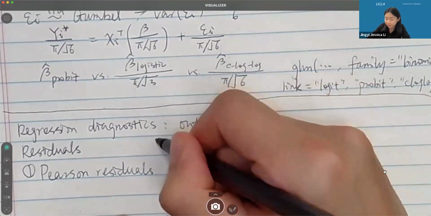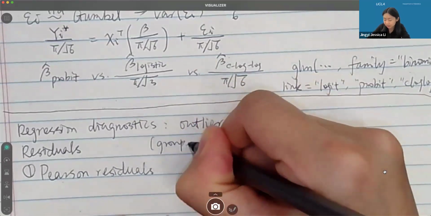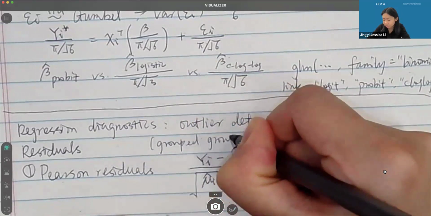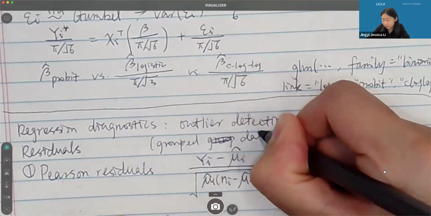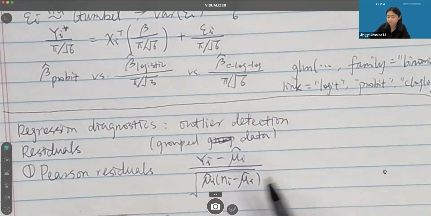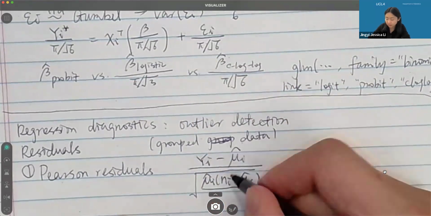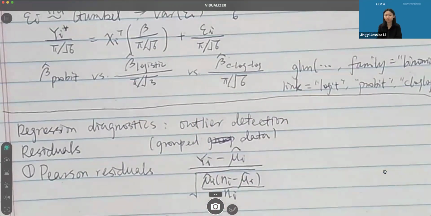This is the group data, where the ith group has ni observations. What is this standard deviation?